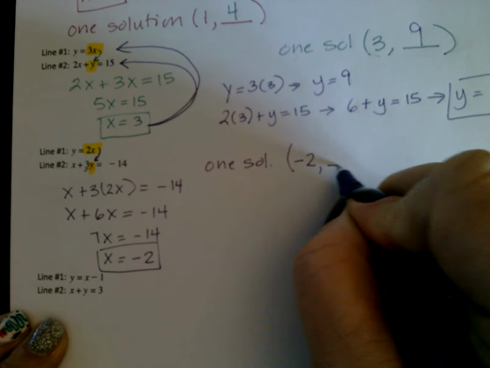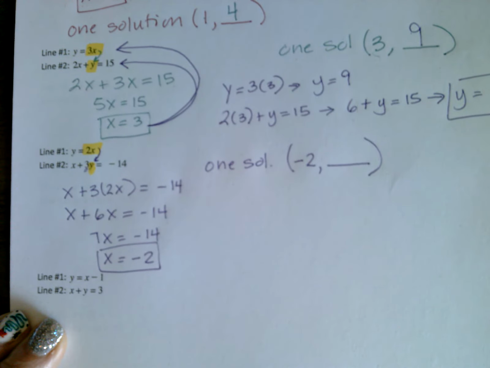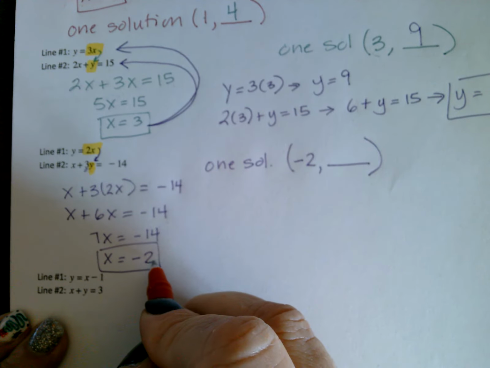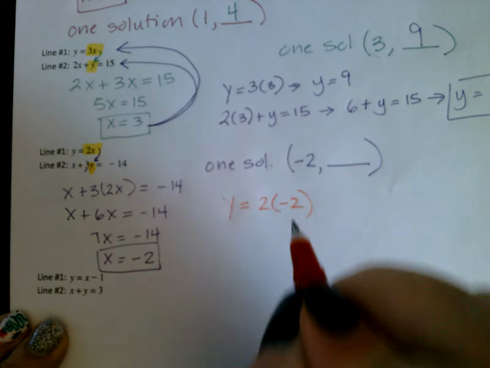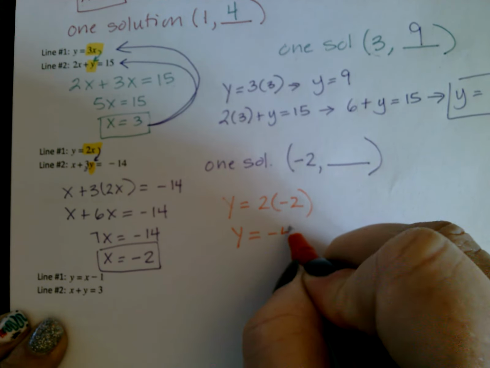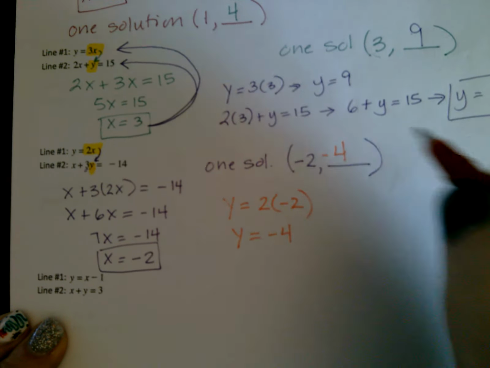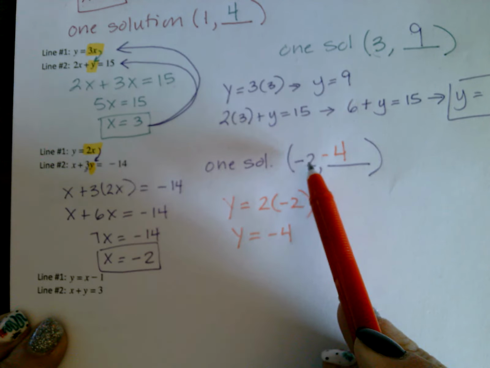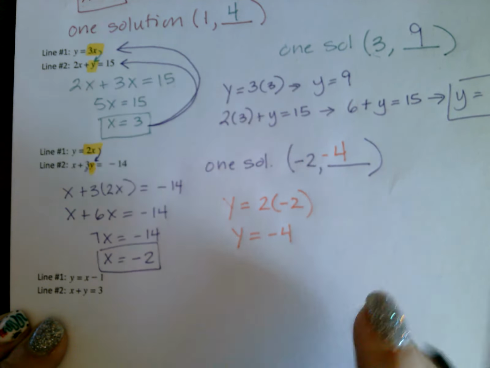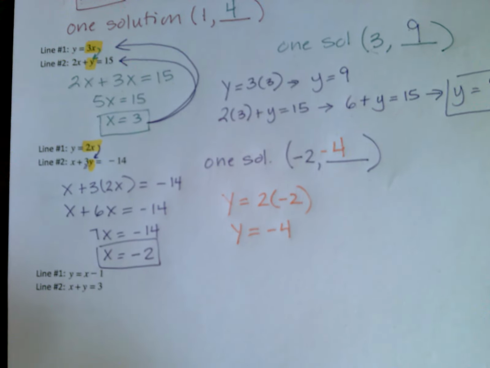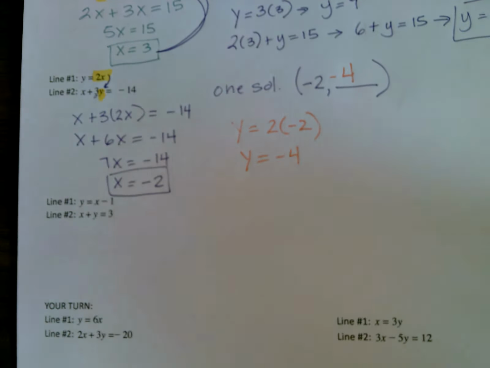So I have one solution, and I'm going to fill in the blank so I don't goof that up. Now I'll substitute that in for x. y equals negative 4. If I asked you to graph, they would cross at the point negative 2, negative 4.